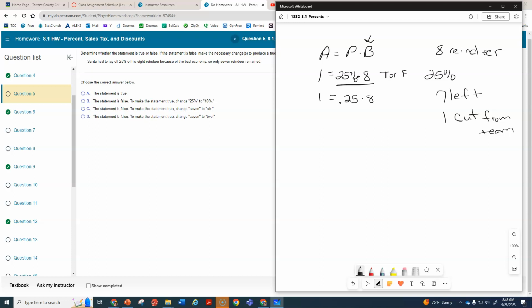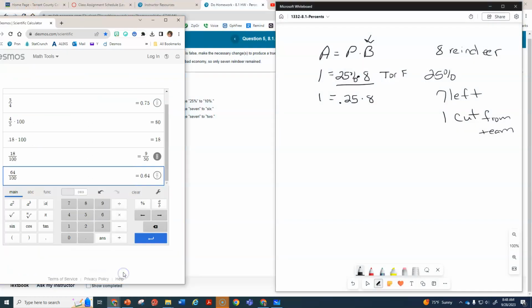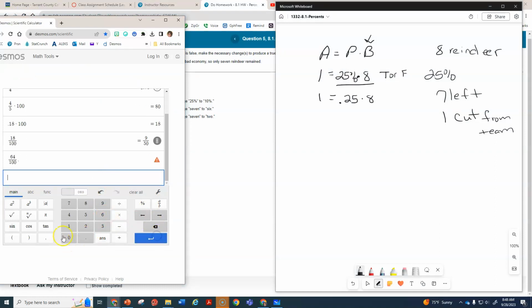And then we're going to grab a calculator, and the calculator is going to do 0.25 times 8. And the calculator tells me that that answer is 2.